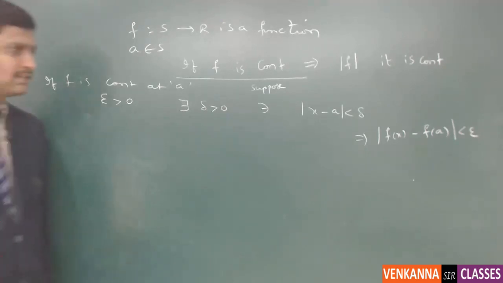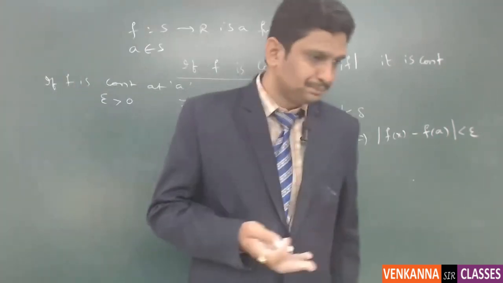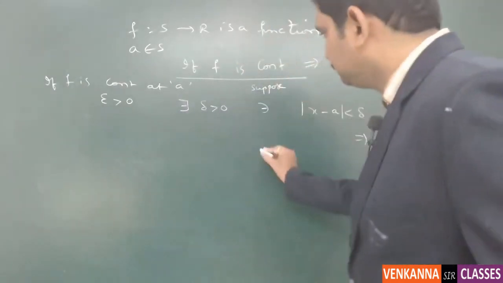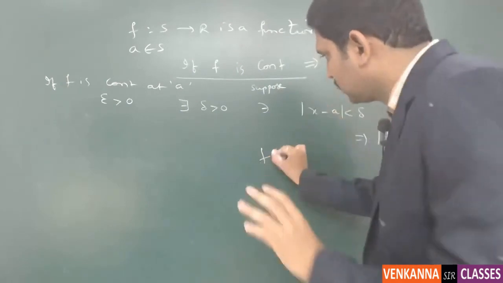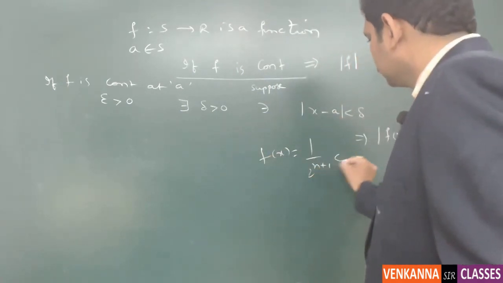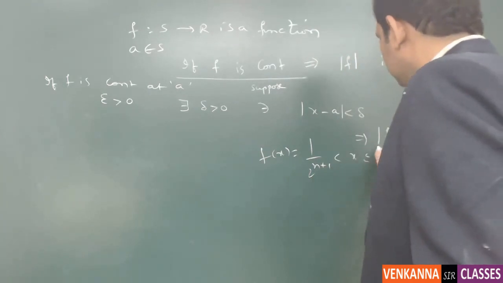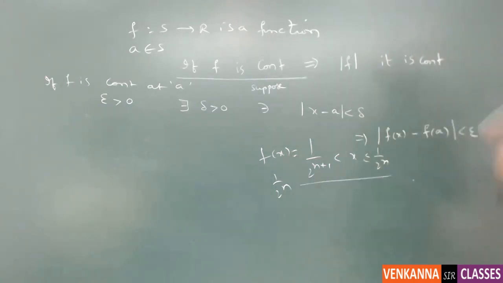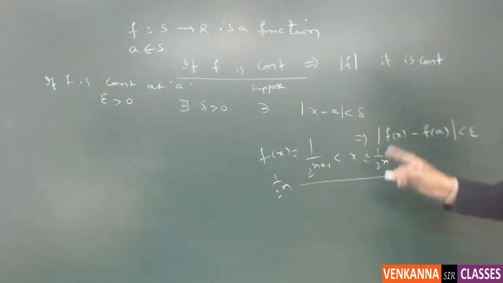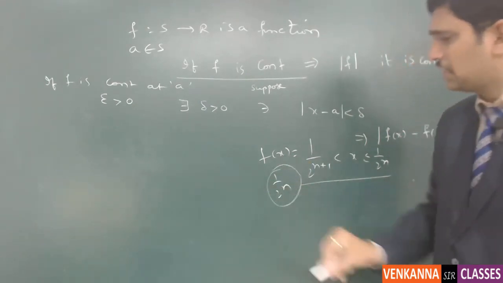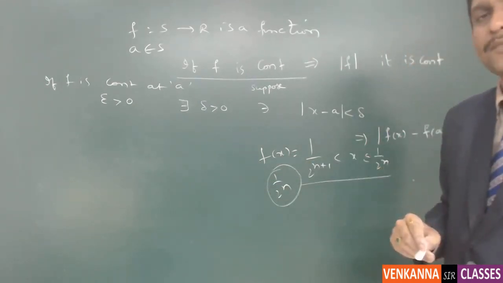The simple example is, earlier you have done a problem, f of x is equal to... this problem you have done, and you observe that these are the points of discontinuity for this function.